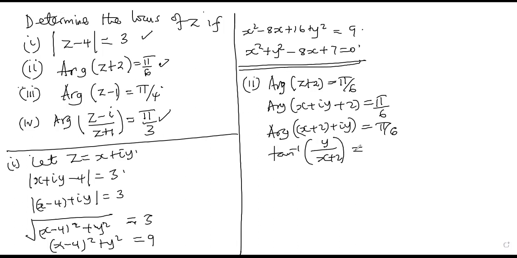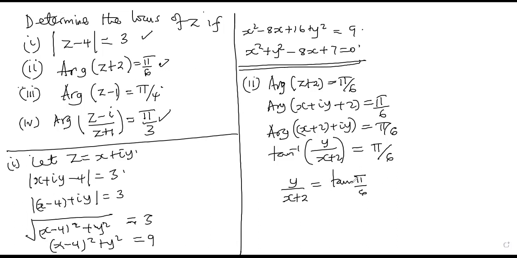So that one can be clearly understood when someone has gone through that work of getting the arguments. So you can take the tan of either side, so that y over x plus 2 is equal to tan pi over 6.